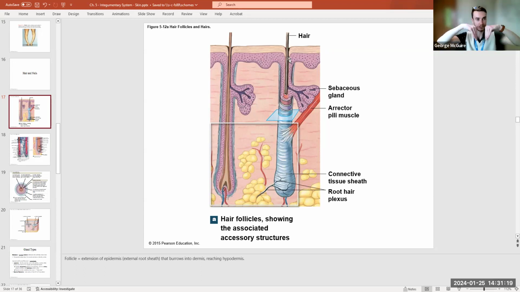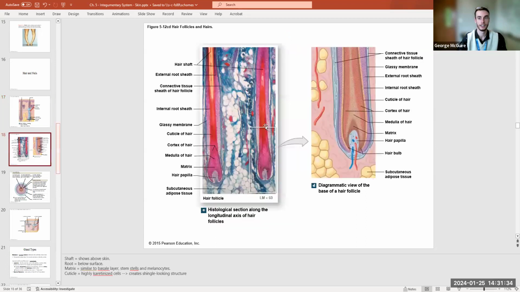We have extensions going inwards of our epidermis that will form the outer layer of the hair, or our hair follicle. And so the follicle itself has access to vascular tissue and nerves to supply it. And then we kind of have a circular version of the layers that we were looking at with the epidermis surrounding the actual hair forming in this follicle.